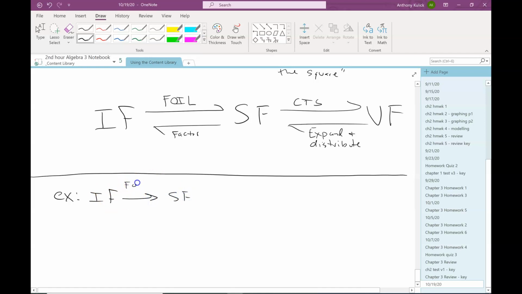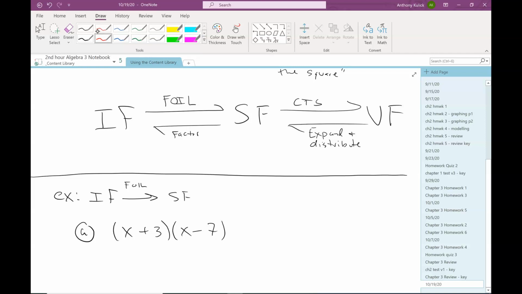So this first transformation, or change in form, we're going to be going from intercept form to standard form. And we said the process to do this is called FOIL. If you remember, FOIL is an acronym.